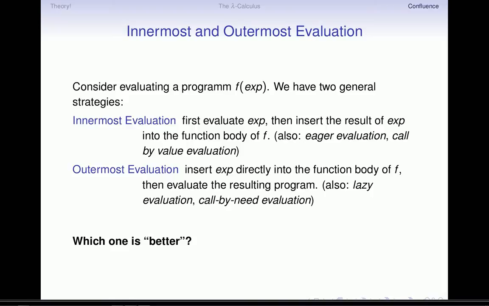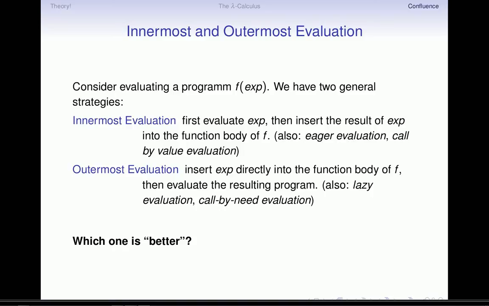Two possible evaluation strategies that we can apply to evaluating a program are innermost and outermost evaluation. Consider that you have a program f called on some expression exp. Innermost evaluation first evaluates exp, then inserts the result of exp into the function body of f.